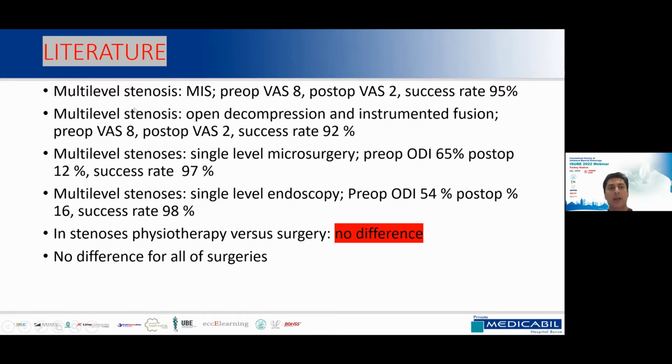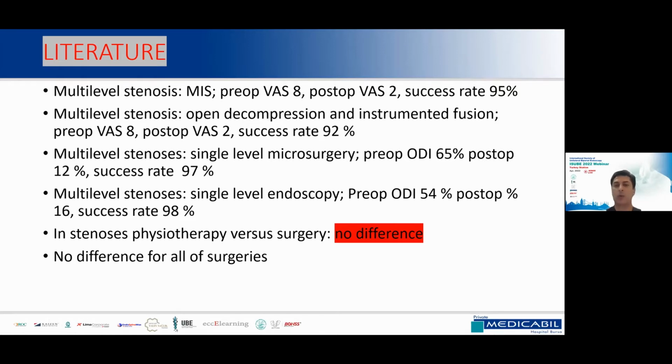Also, the surgical success rates in multi-level stenosis are very high. It's very surprising. But also, some papers say that there is no difference between physiotherapy and surgery, and some papers claim that there is no difference between all the other surgical procedures.